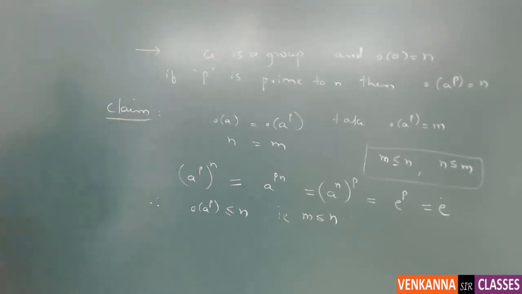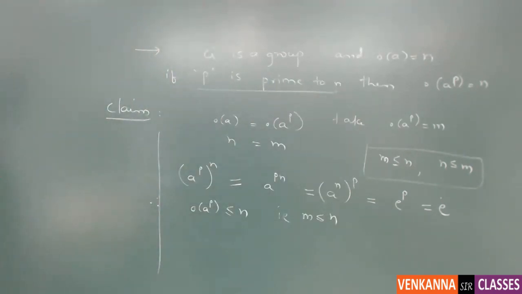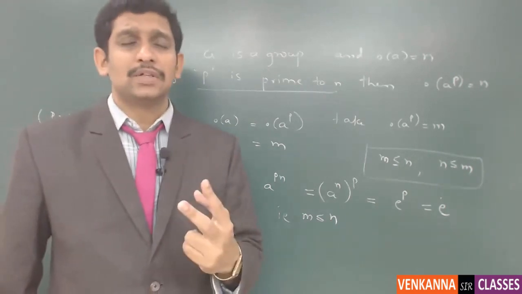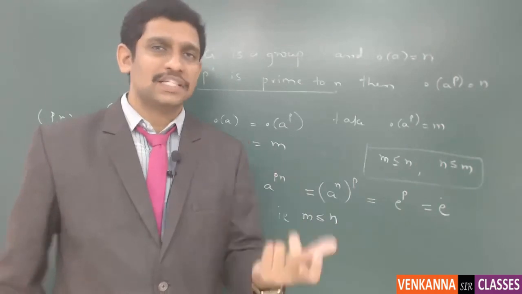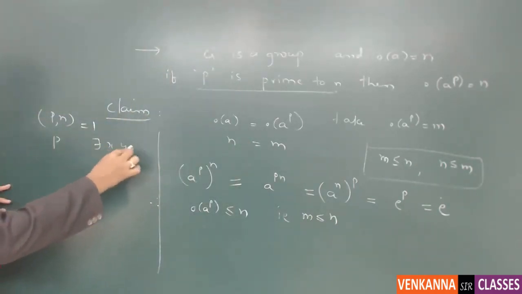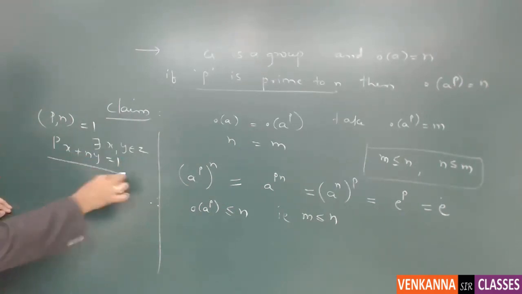Fine. Then, there is one more point given in the problem that p is prime to n. So, you have GCD of p comma n is equal to 1. Now, whenever two numbers are relatively prime, there exist integers x comma y such that px plus ny is equal to 1.